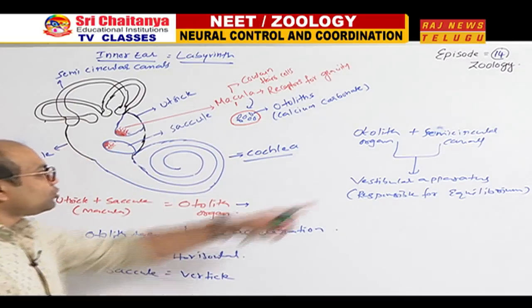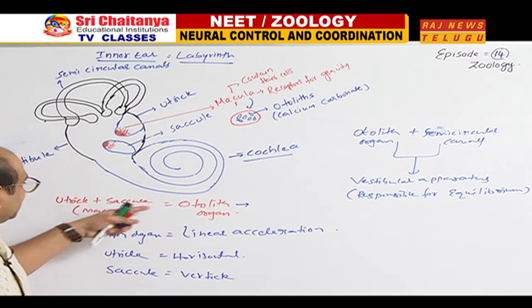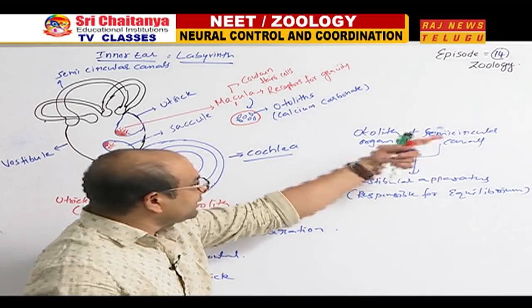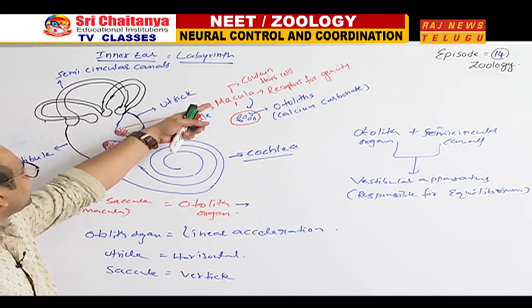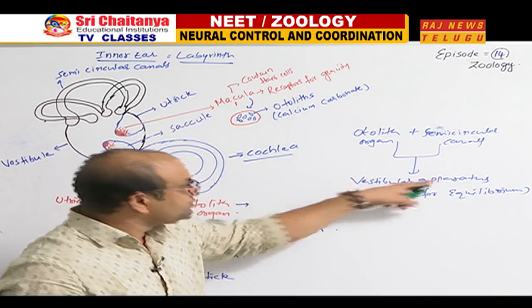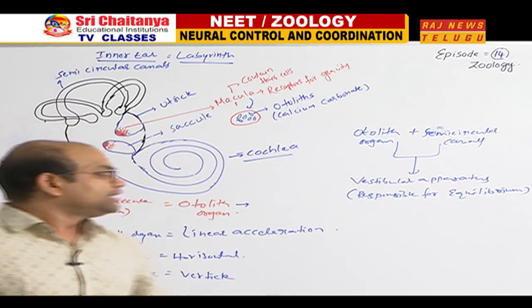Which equilibrium? Otolith is related to the equilibrium related to linear acceleration, and semicircular canals are related to the equilibrium related to angular acceleration. So, semicircular canals and otolith together are called vestibular apparatus, and its function is equilibrium.